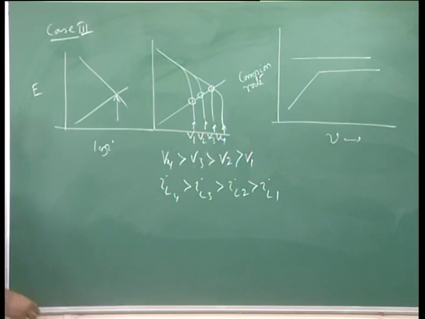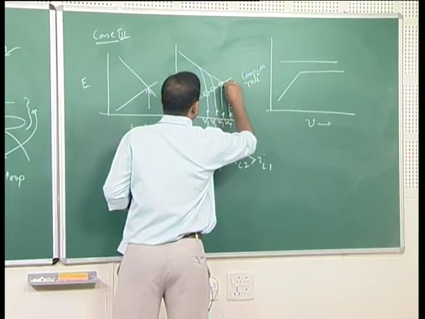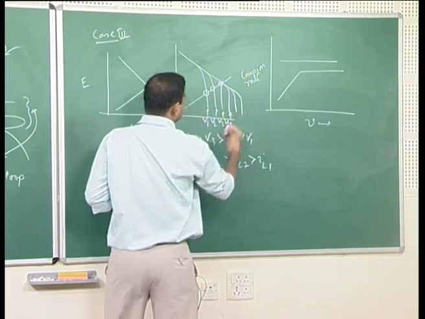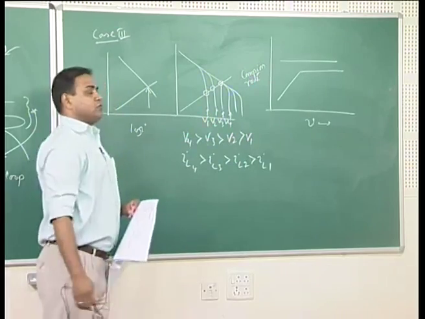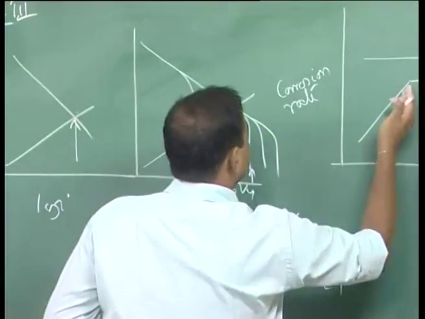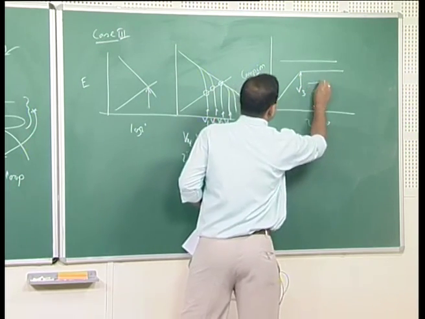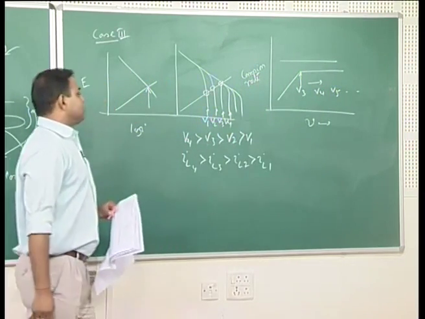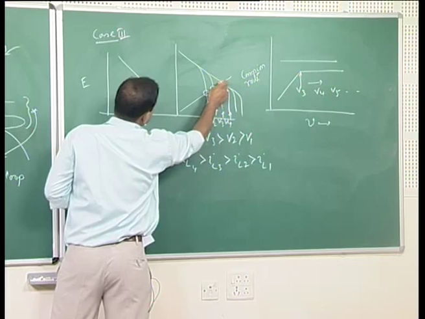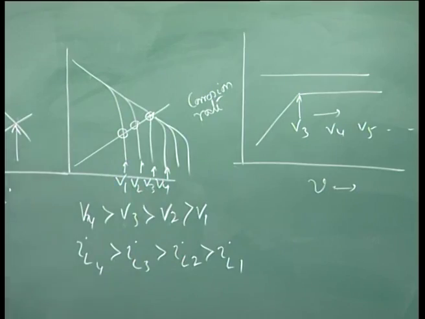But once you cross V4, it will always cut in the active region, and now after that you keep increasing velocity and keep increasing IL or the limiting current density, you are not going to have any effect on the corrosion rate. So, corrosion rate will be flat. So, up to V3, and after that V4, V5 you are going to have a constant corrosion rate, because that time always this anodic polarization line will cut the cathodic polarization line in the active zone, in the flat zone, this zone.